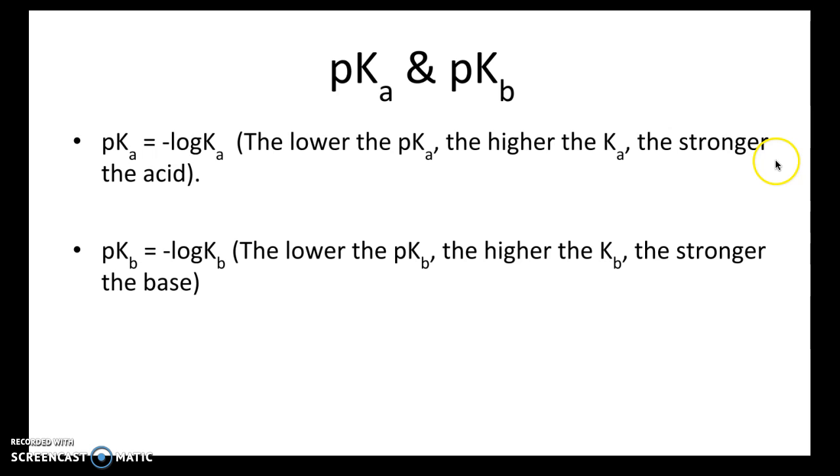Just like pH and pOH, the lower the pKa, the higher the Ka, the stronger the acid. So the ones with the P work opposite to what you would think. The other thing to know is that pKa plus pKb is equal to 14, and that is, again, a handy-dandy equation.